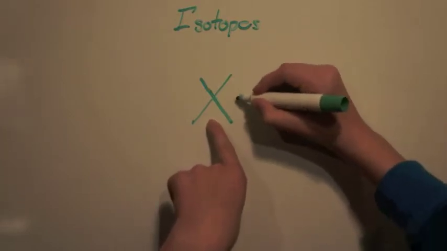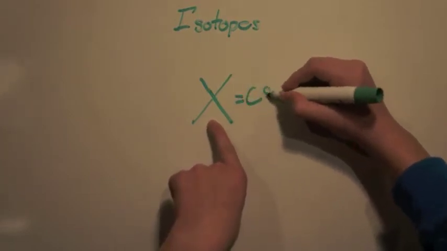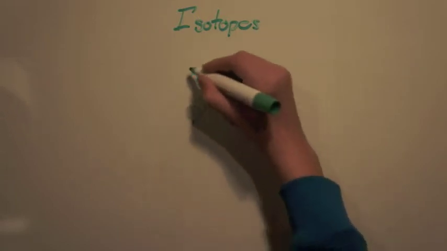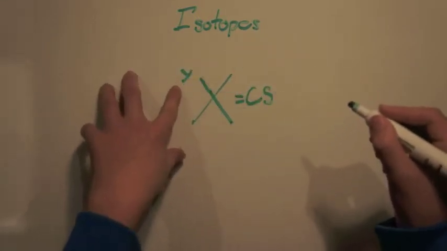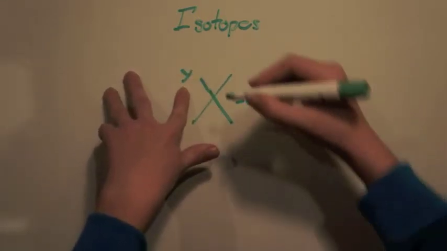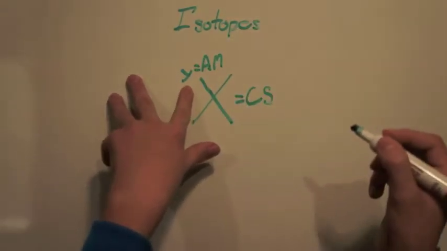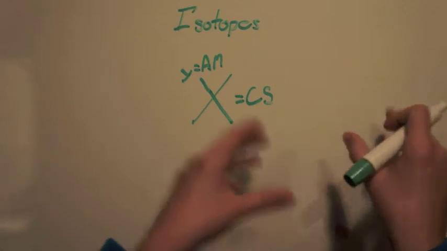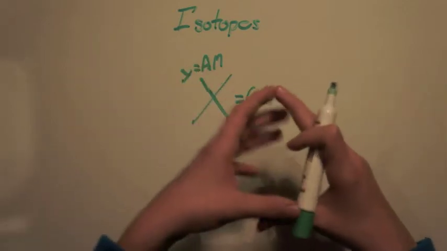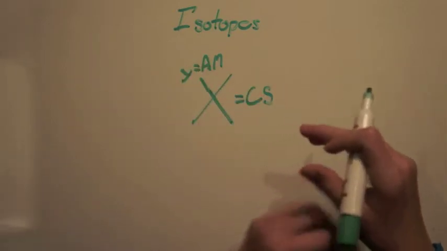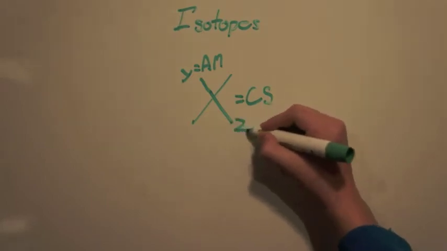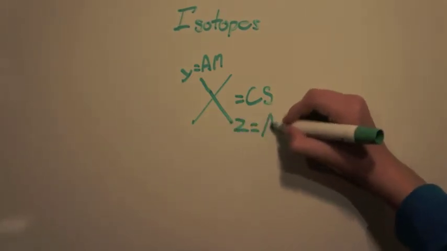X equals the chemical symbol. Y equals the atomic mass. This is also equal to the amount of neutrons and protons added up together in the nucleus. Z equals the atomic number.